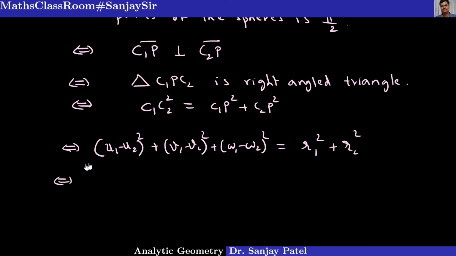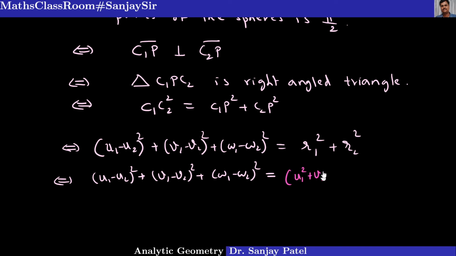This is true if and only if this, as it is, (u1 minus u2) square plus (v1 minus v2) square plus (w1 minus w2) square is equal to, now writing the formula of R1 square and R2 square, u1 square plus v1 square plus w1 square minus d1 plus u2 square plus v2 square plus w2 square minus d2.